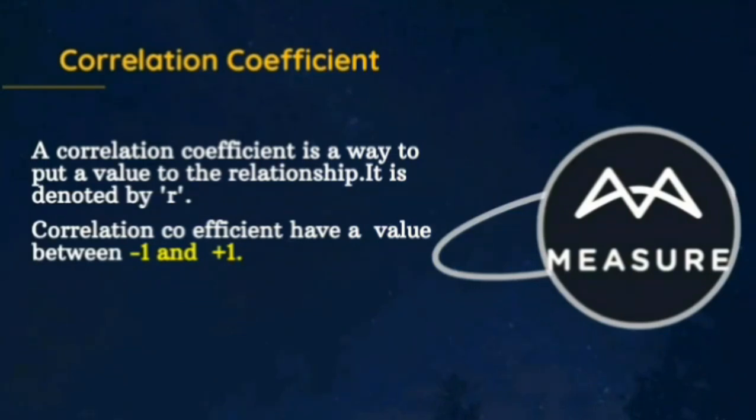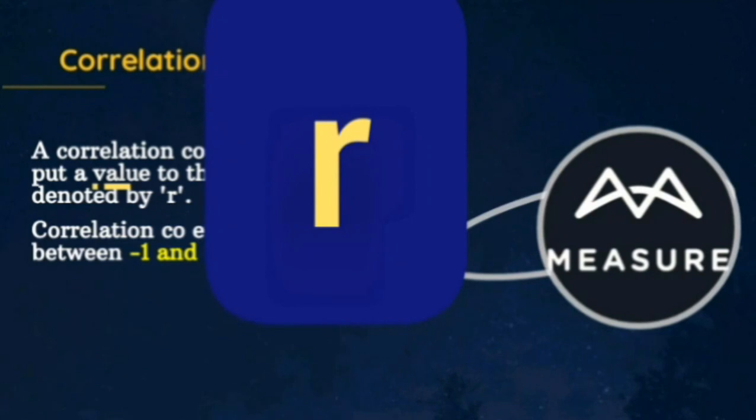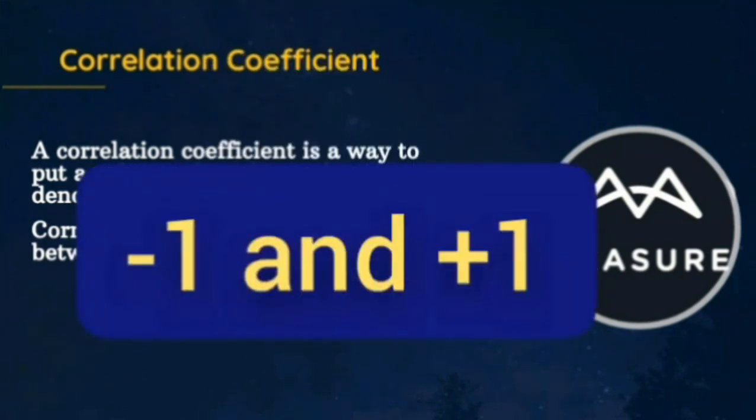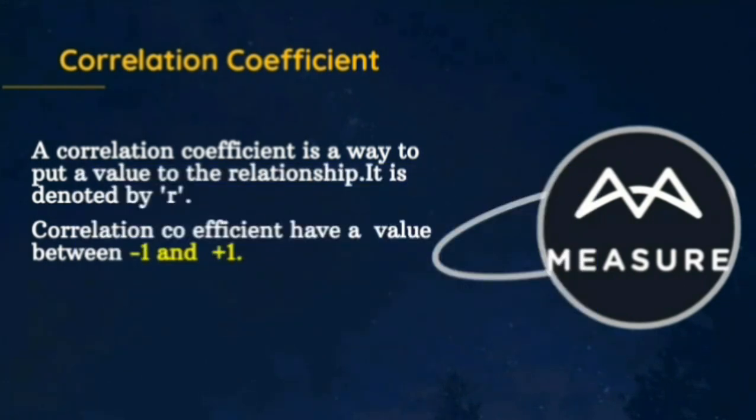Now let us look at what the correlation coefficient is. A correlation coefficient is a way to put a value to the relationship. It is denoted by r. The correlation coefficient has a value between -1 and +1. It means in correlation analysis, we measure the relationship between the variables.